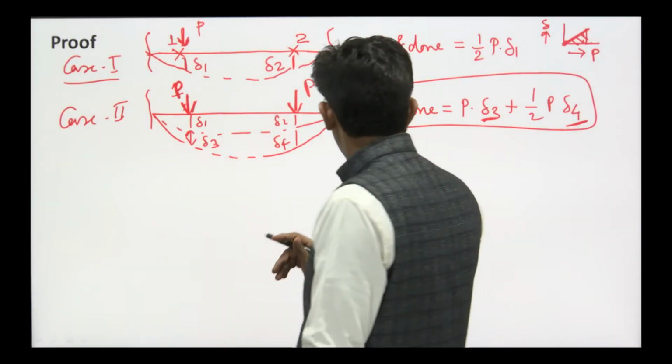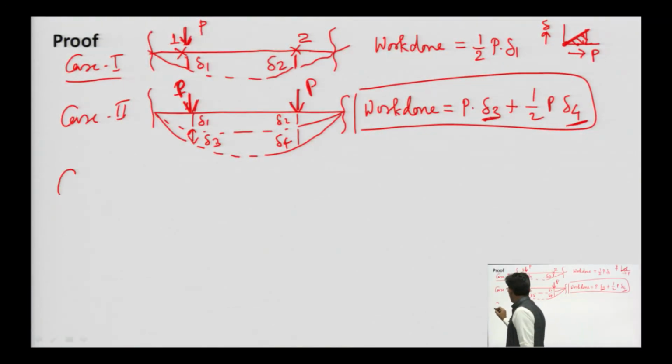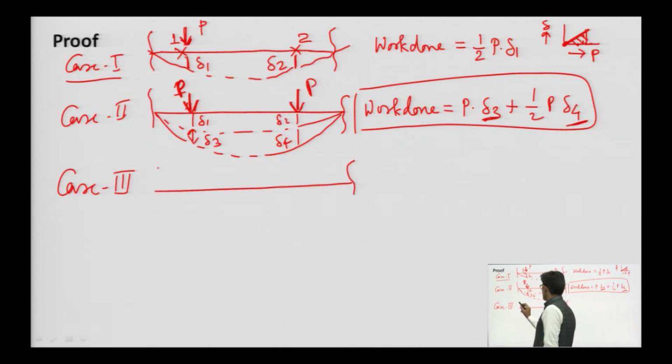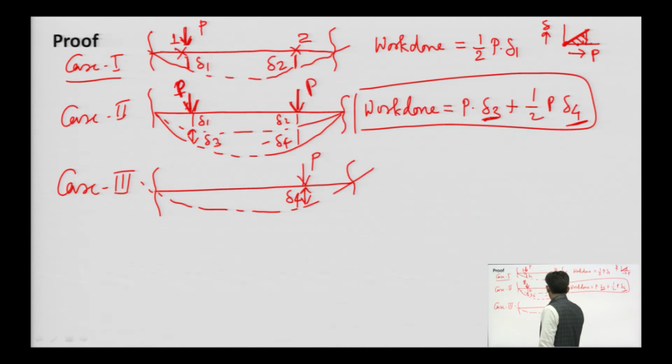Let us take another case, case 3rd. In case 3rd, we are applying force P here. Then it is a deflected shape. So, what will be this ordinate? This ordinate will be del 4, because this displacement is due to this force.